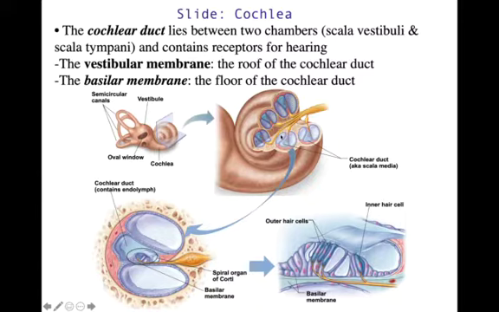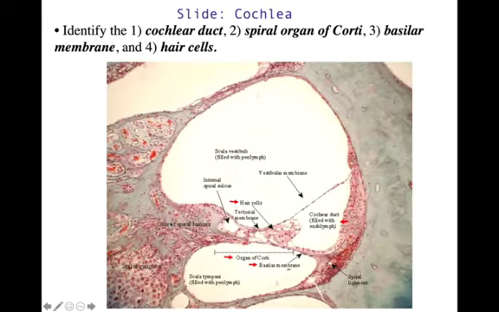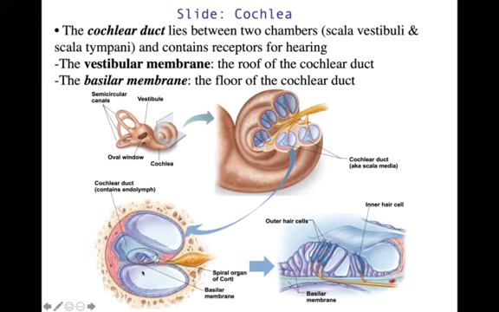The chamber in the middle, this one right here, is known as the cochlear duct. The chamber on top is the scala vestibuli, and the one on the bottom is called the scala tympani.